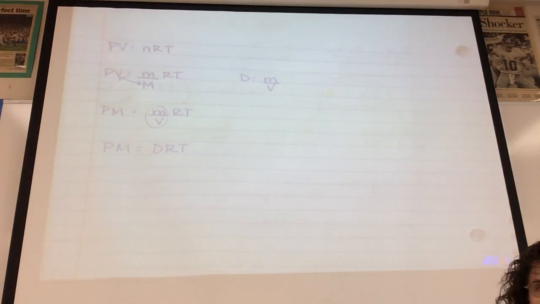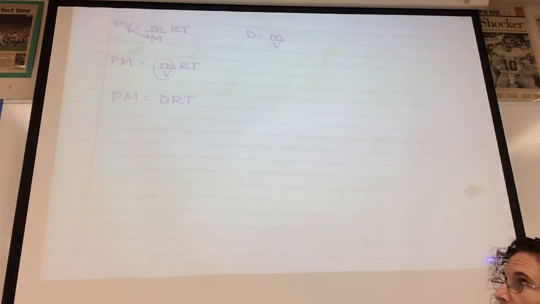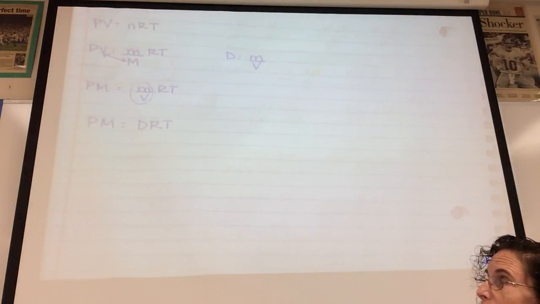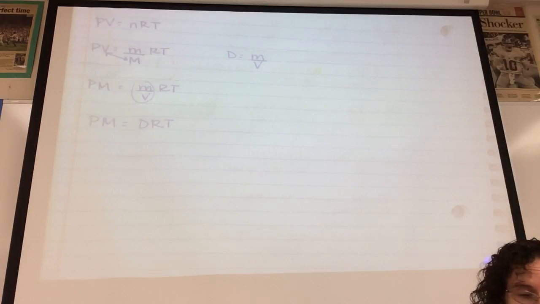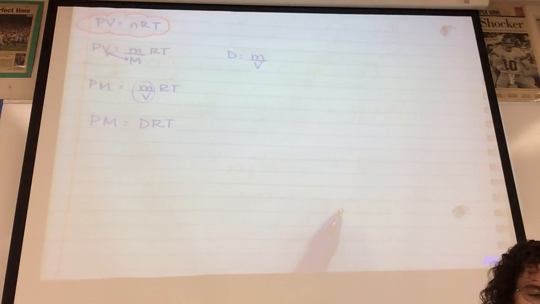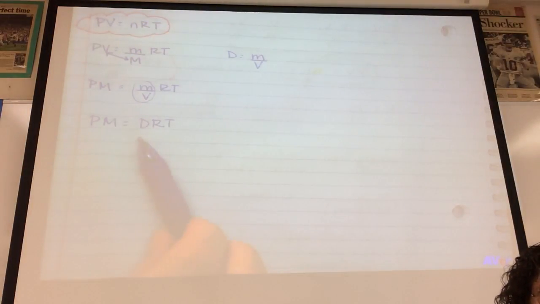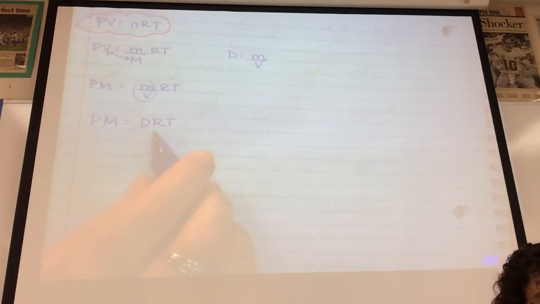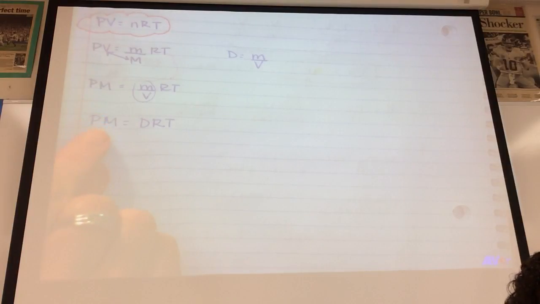So PM is equal to DRT, and there are a lot of cutesy little ways to remember this. And again, I'll give you this if you want it. I think you probably can learn it, but I'm not going to give you all the other variations.